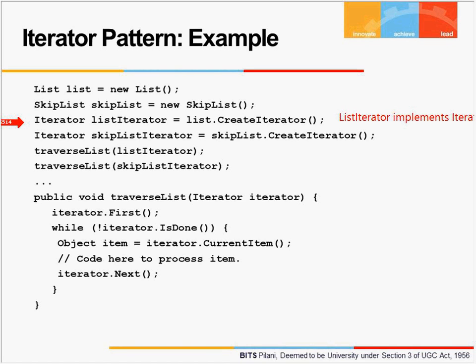Similarly, my skip list iterator is supposed to implement those methods. The skip list has to be traversed by skipping one object after another, and once you implement all these methods, you can use them to traverse the list.